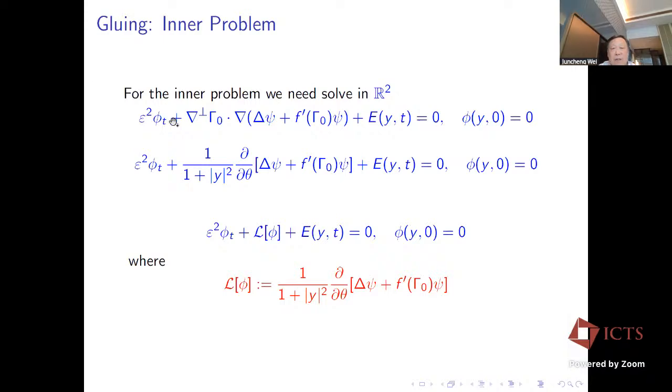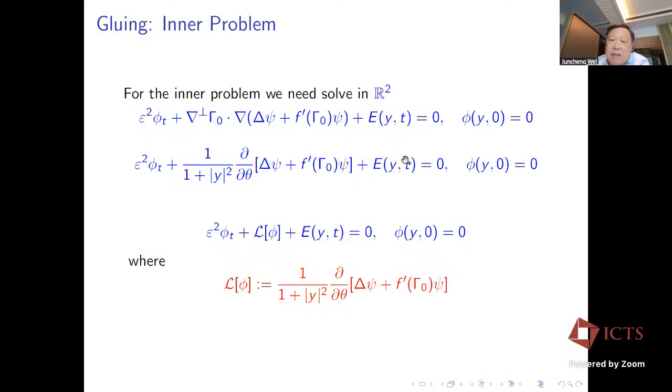How do we solve this transport equation with the third order elliptic part? We can write this equation in terms of the polar coordinate as epsilon square phi t plus 1 over 1 plus y squared d theta of this.